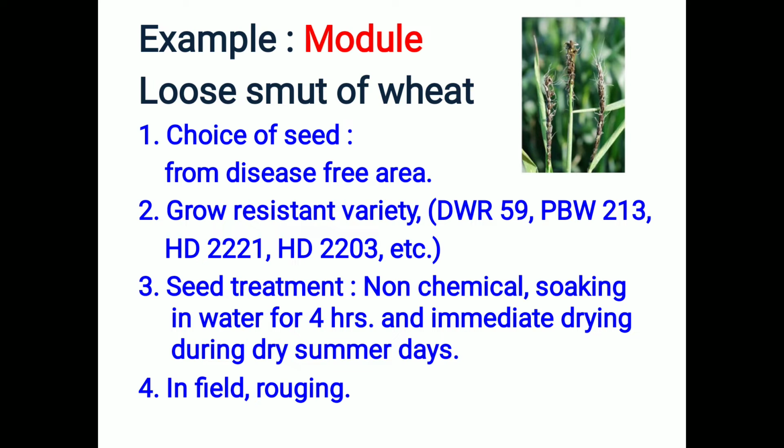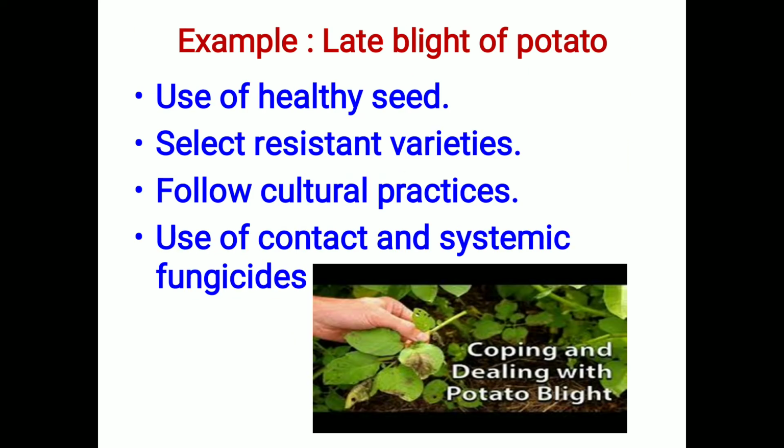Then in-field rouging, that is removal of diseased crops from the field. So this series of practices we have to use to remove the loose smut of wheat. That whole strategy, or whole control measure, is called an IPM module for the loose smut of wheat.